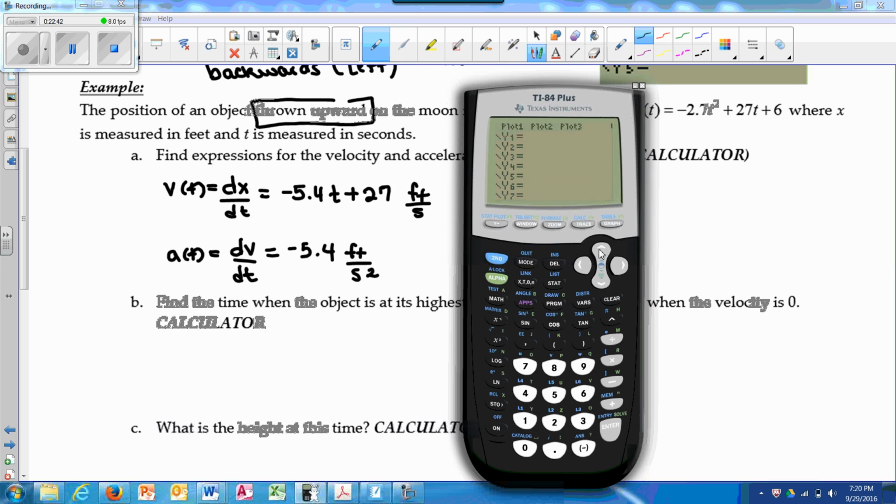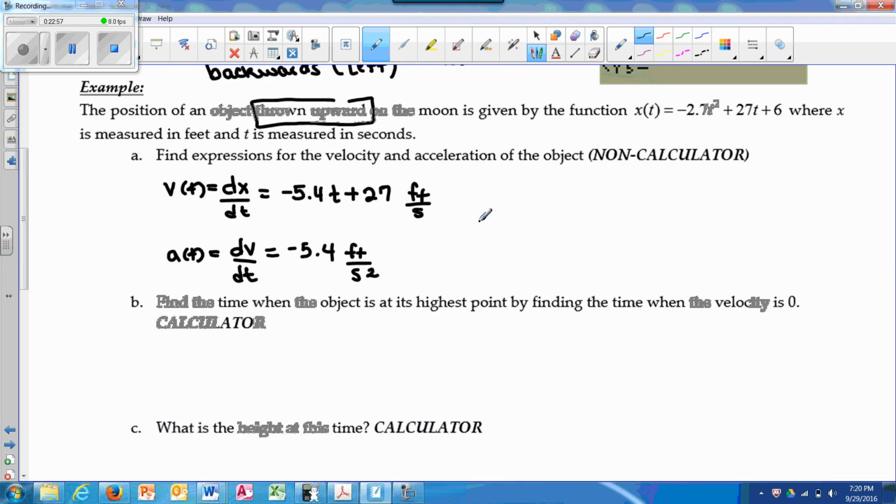Finally, the derivative of the y2 function, the derivative of velocity, is acceleration. So now I can use my calculator to calculate any of those values.